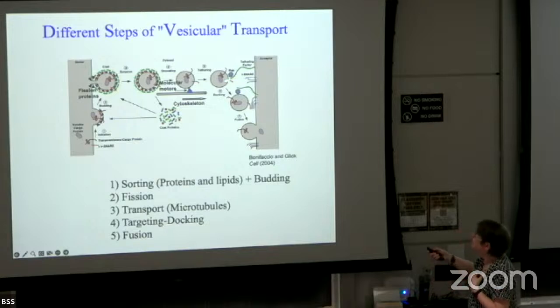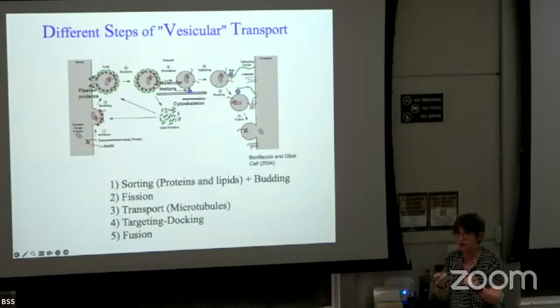And eventually, you have to fuse this object with an acceptor compartment. It could be, for instance, the envelope of the cell, which is called the plasma membrane. And then eventually, after fusion, you will have delivered your protein to the acceptor compartment. So this requires different steps where the membrane is first deformed and cut, and after that fused, right?